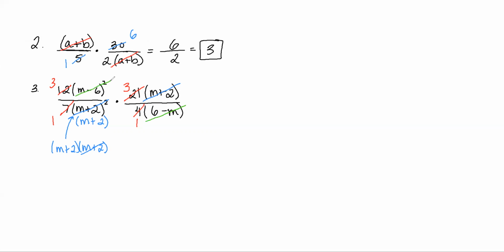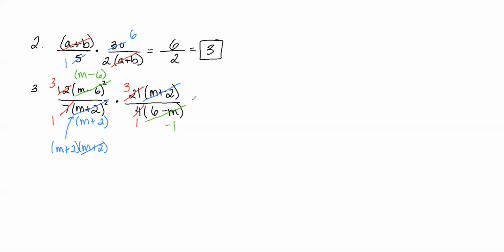So we're left with 1 m minus 6 on top. And because we canceled out an m minus 6, this one that we canceled out on the bottom is actually going to become a negative 1. Because remember, m minus 6 and 6 minus m are opposites.